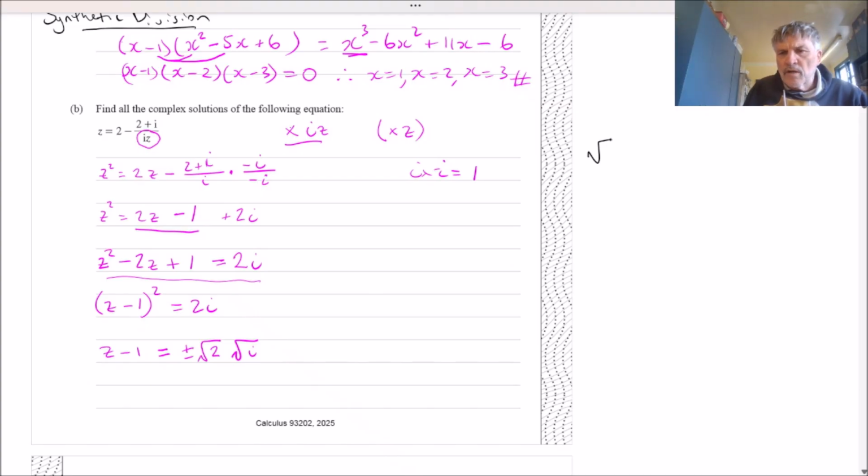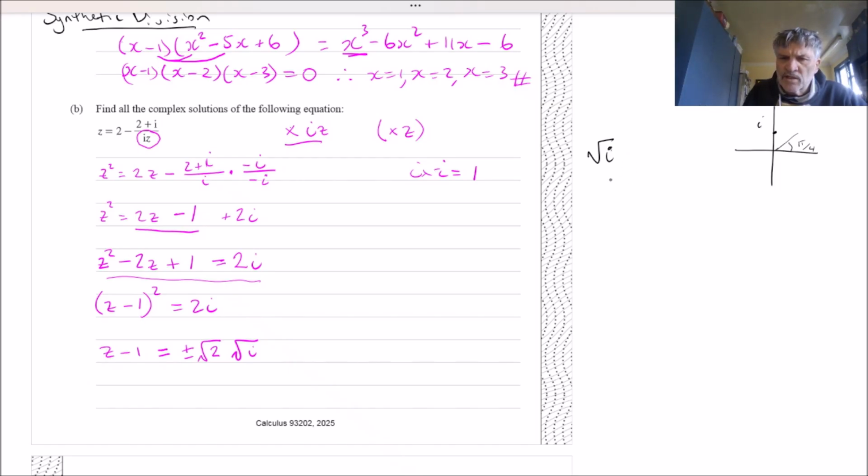On an Argand diagram, i is up here. The square root of i is going to lie on this diagonal, pi over 4 as the radian measurement of the argument.